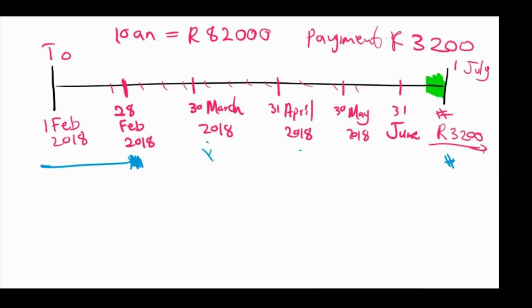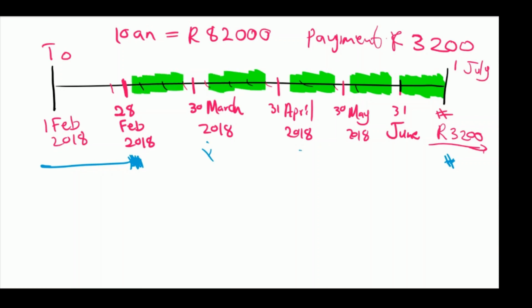So this is going to be 1. I'm just going to shade the gaps, right? 1, 2, 3, 4, 5. So these are the missed payments. All of these green shades are missed payments.